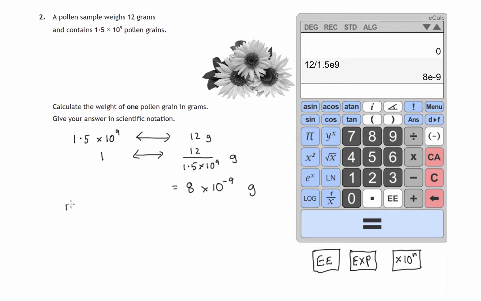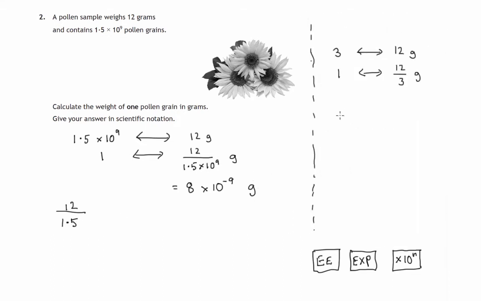Another method is to say, well, look, it's 12 divided by 1.5. But remember, there's an index law that says if you have a to the minus n, a negative power, that means 1 over a to the positive power. For instance, 2 to the negative 3 is 1 over 2 cubed.